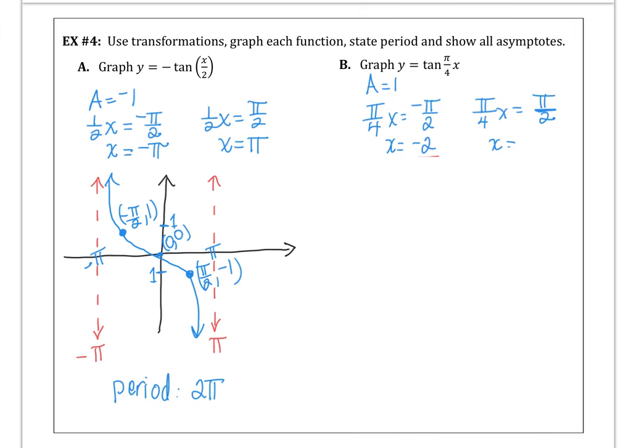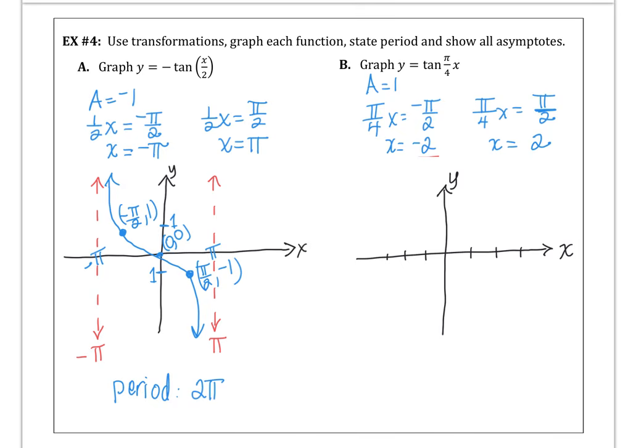Solving for x, we see an asymptote at positive 2. And our scale is going to be different than example 4a. 4a had the x-axis in radian measure, but here on example 4b, our x-axis is going to be in numeric values 1, 2, 3, and so on.